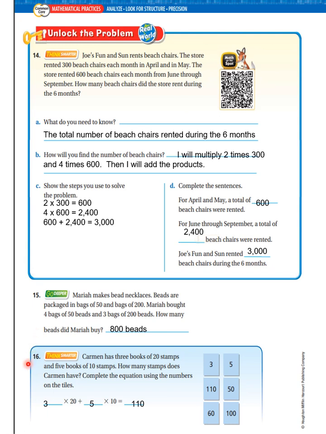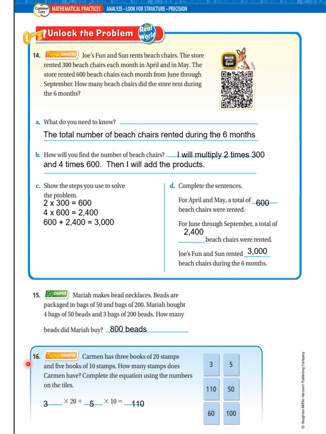All right, let's look at 16. It says, Carmen has 3 books of 20 stamps and 5 books of 10 stamps. How many stamps does Carmen have? Complete the equation using the numbers on the tiles.